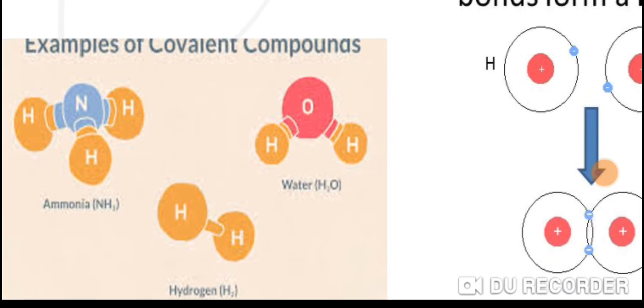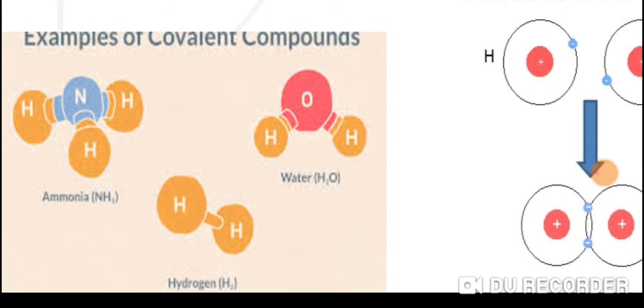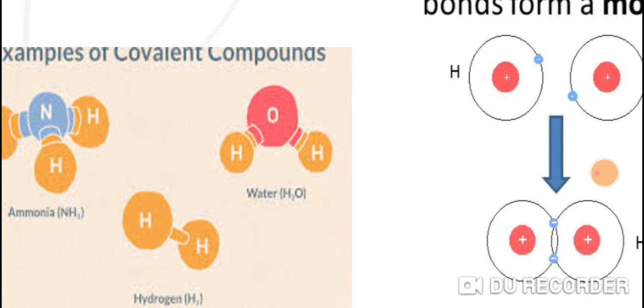I would like to share an example of a covalent bond with you all, that is ammonia NH3, in which nitrogen shares electrons with hydrogen atoms. Water H2O, in which oxygen shares its electron with hydrogen atoms to complete the outermost shell of hydrogen, that is 2 in its K shell.